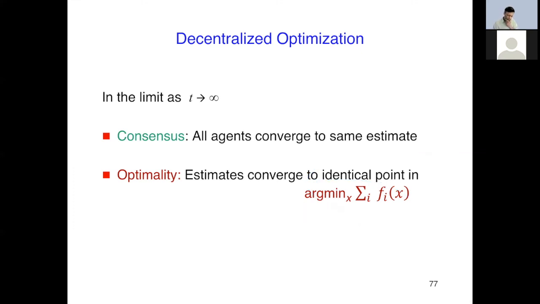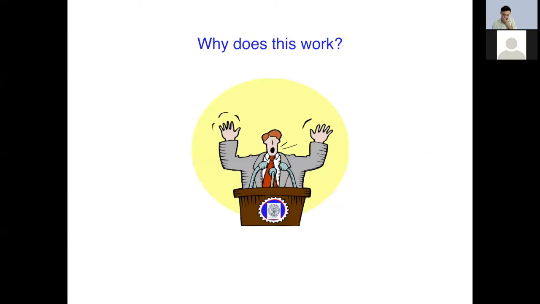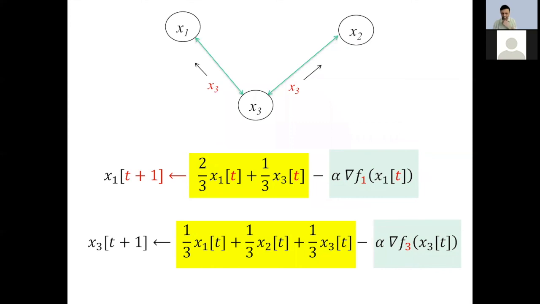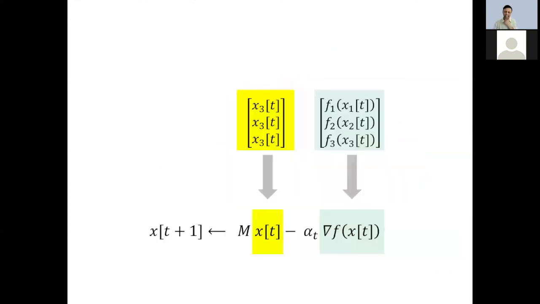I'm not going to do the proofs of this today, but let me just show you one more slide or maybe 2 more slides on what's happening. And for that, we will unroll the iteration. So these are the equations that we saw previously. Now, actually this should be x1, x2, x3.